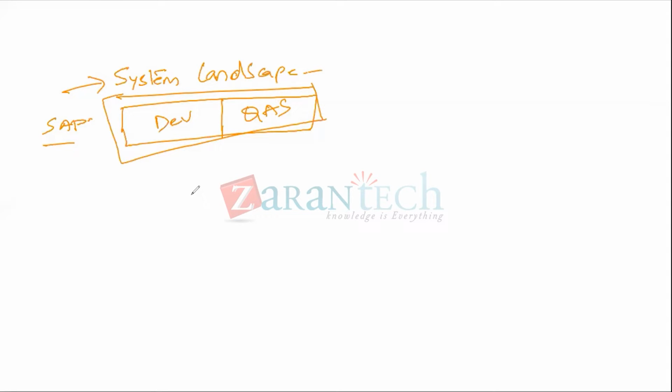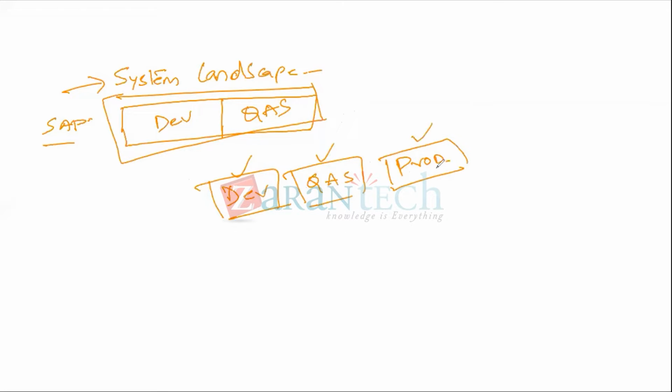Dev is always there by default, QA is also there, and production is also there. These are the 3 systems or 3 servers architecture. The landscape of your project would be dev, quality, and production.